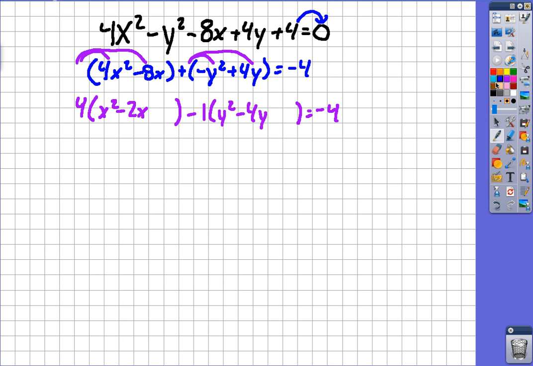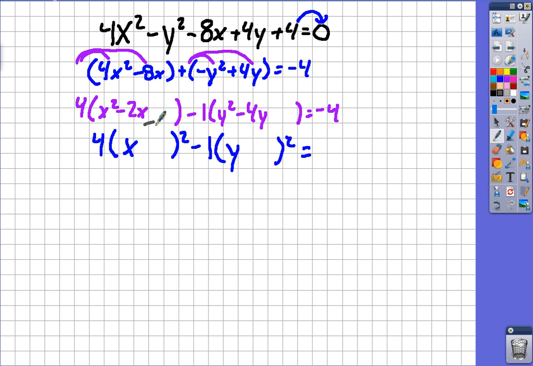Now at this point, we're about to complete the square. So we're going to set up to do that. We're going to bring this leading coefficient 4 down. Now we're going to make the factor x plus or minus something squared. Minus 1 times y plus or minus something squared. That's going to equal something. Now remember why we did this.